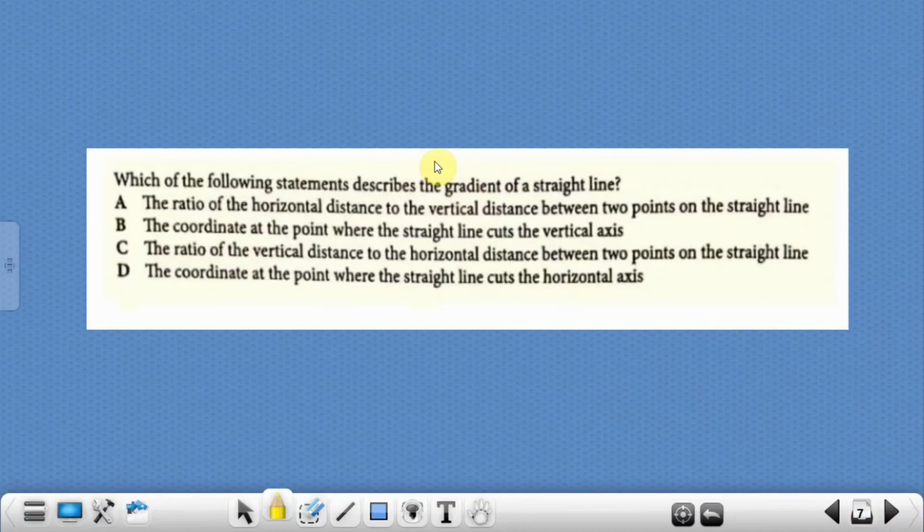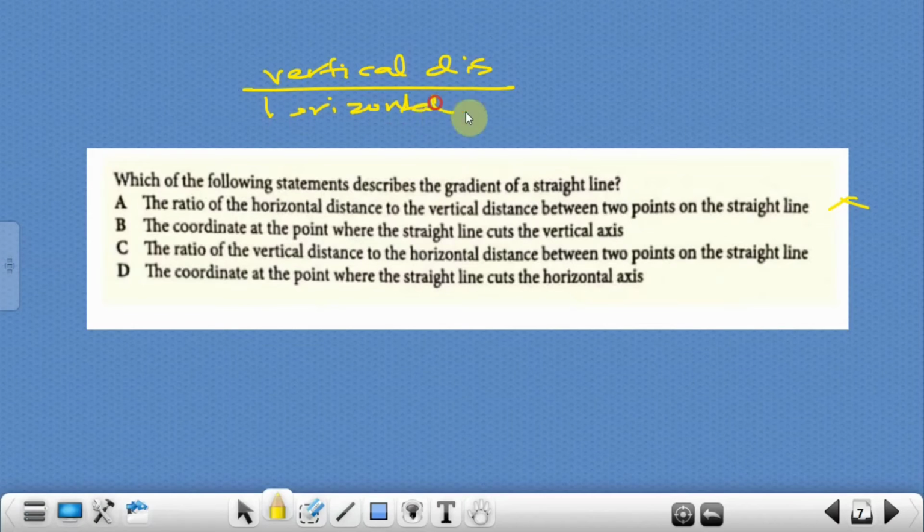Next, which of the following statements describes the gradient of a straight line? We go through one by one. A: the ratio of horizontal distance to the vertical distance between 2 points on the straight line. Because just now we have done vertical distance divided by horizontal distance, A is wrong. B: the coordinate of a point where the straight line cuts the vertical axis?